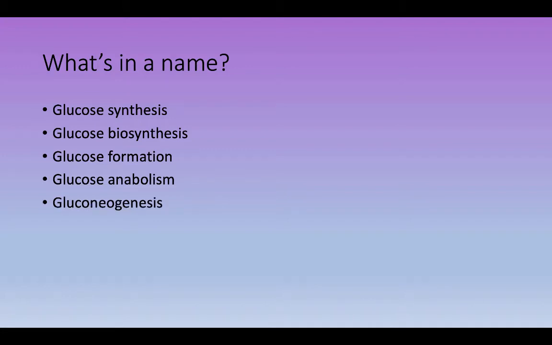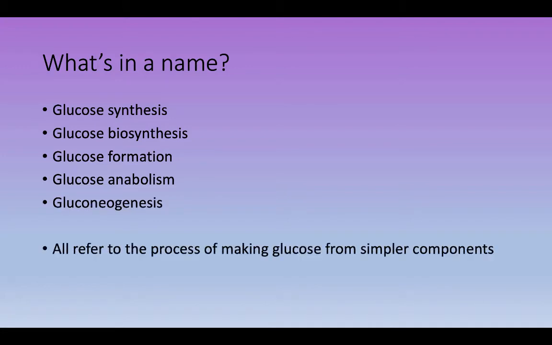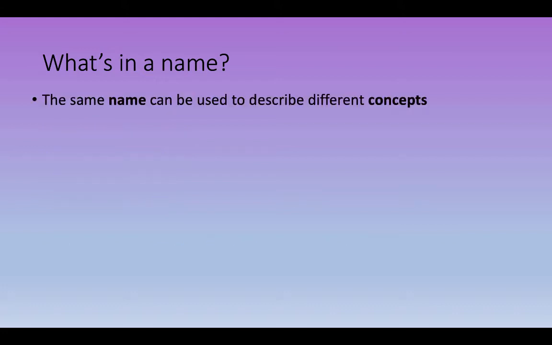I could call it gluconeogenesis. All of these refer to the process of making glucose from a simpler component, and they've all been used in the scientific literature. So how do we know that we're talking about the same thing? How do we know that we're referring to the same pieces? As we talk about things going on in different species, the more we can identify what is the same and what is different, the more it's going to help us understand the evolution and complexity of life.